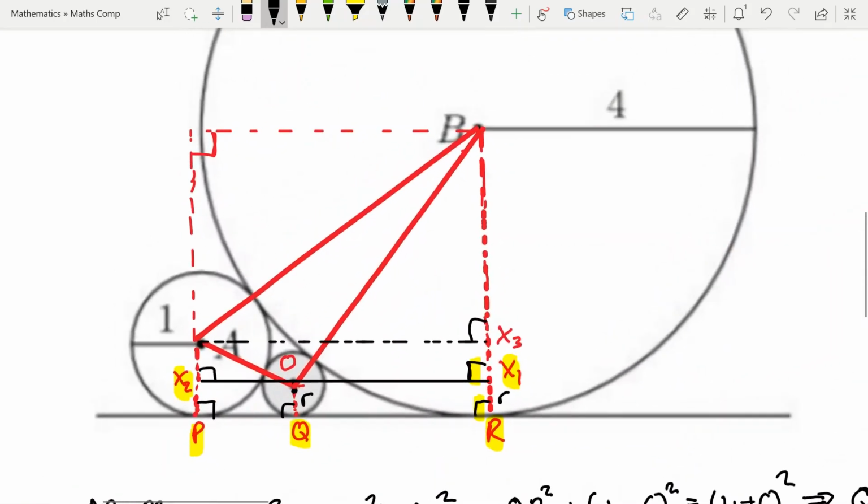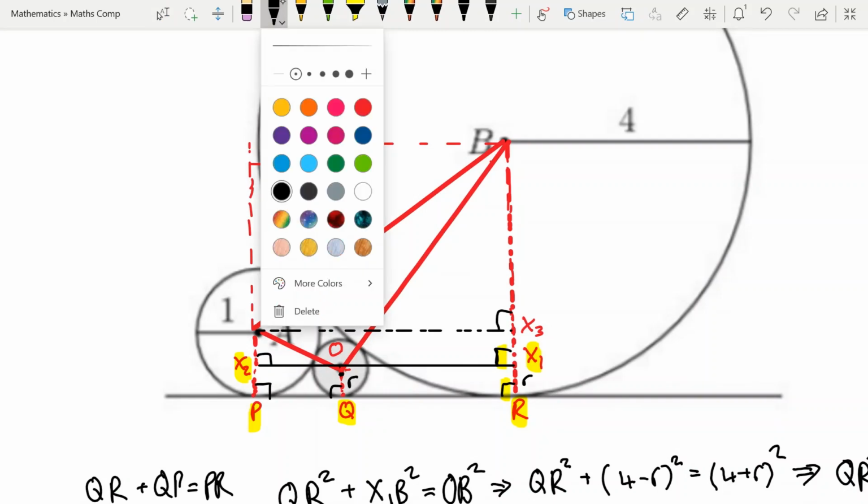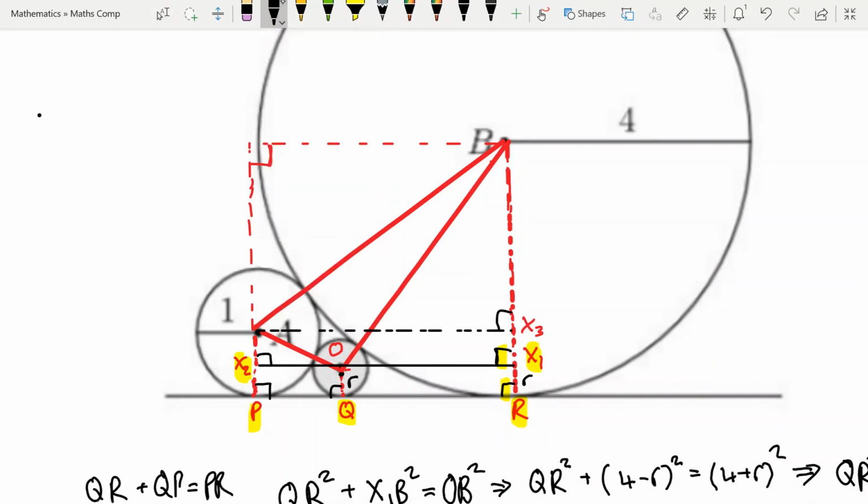We can call the length from O to x1, let me do this over here a bit bigger. B to x1, so from the center of the big circle to the point x1, will be 4 minus R, because you take the whole length and subtract the radius.